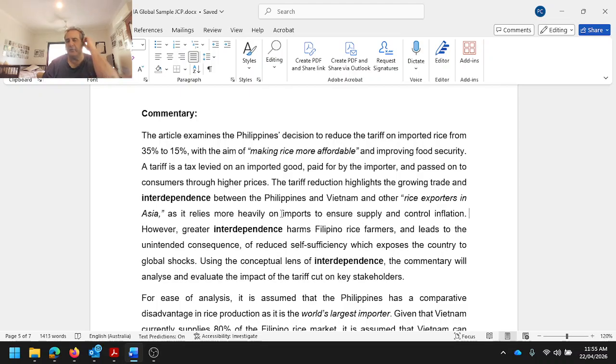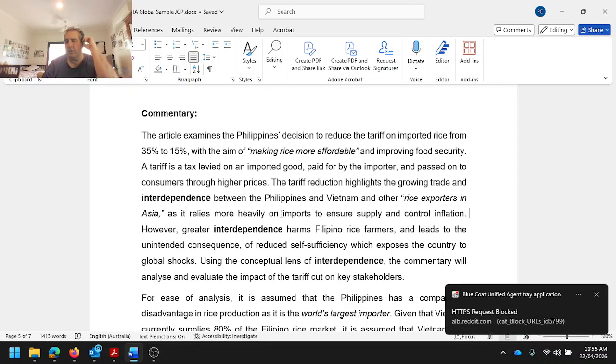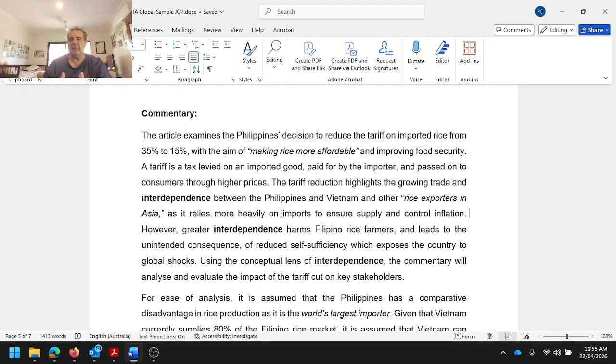But I think it's really important to mention to the examiner that you're justifying why interdependence is an appropriate key concept to talk about in this particular essay.